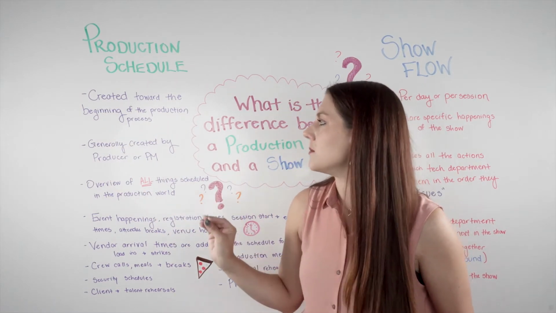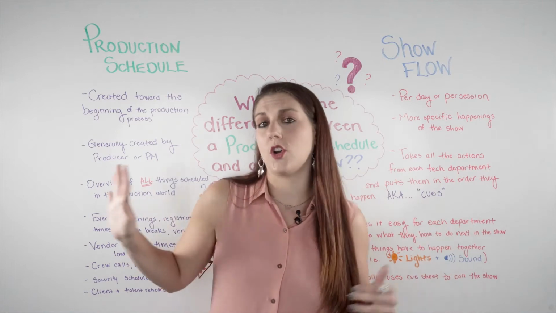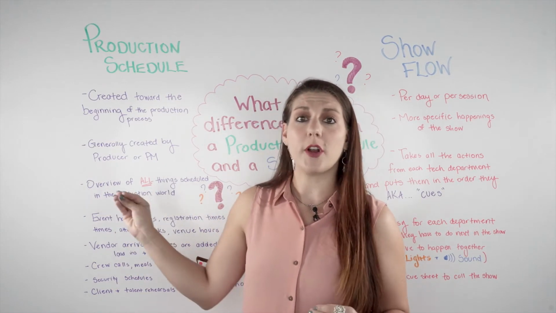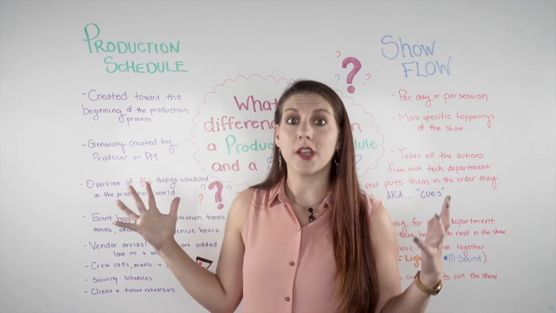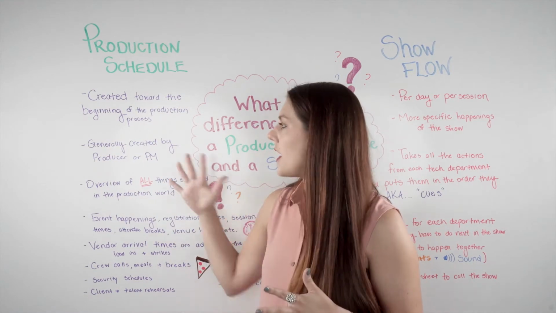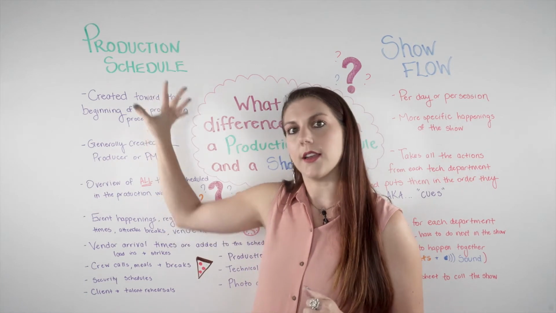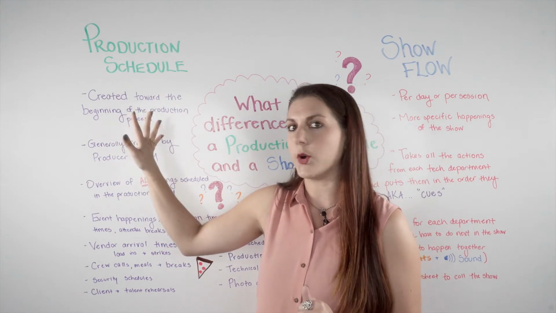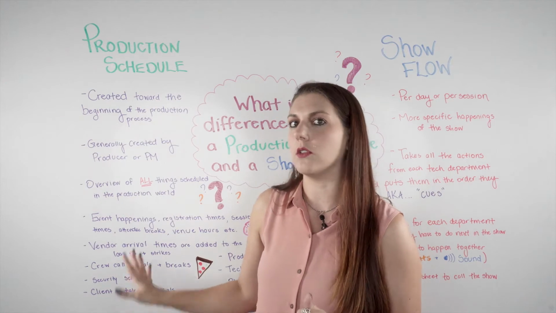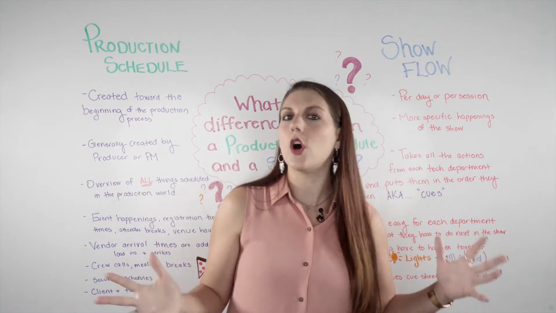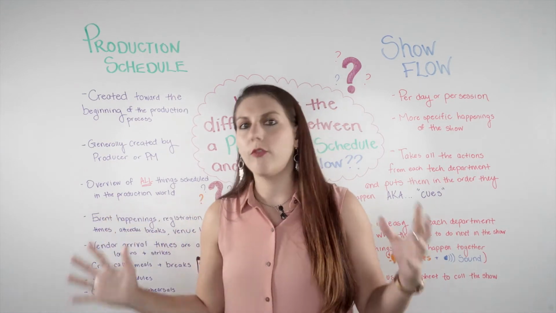A lot of times your producer, your PM, your client, your planner, if you have a meeting planner or a production planner or an event planner, anybody on the large scale thinking side gets sort of hands put in this production schedule input. It's kind of an overview of all things happening for the event.